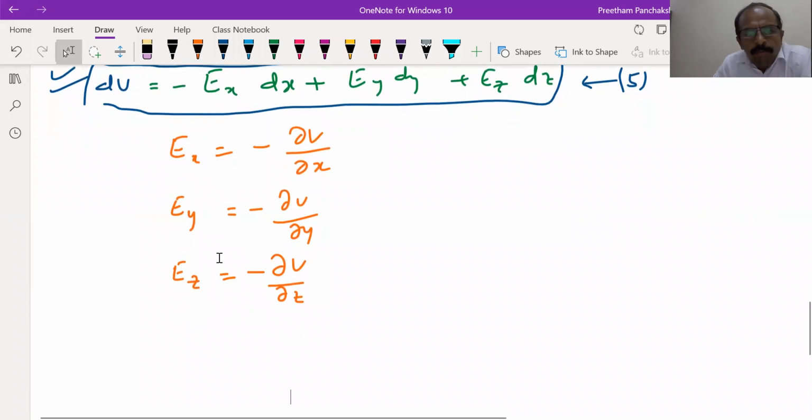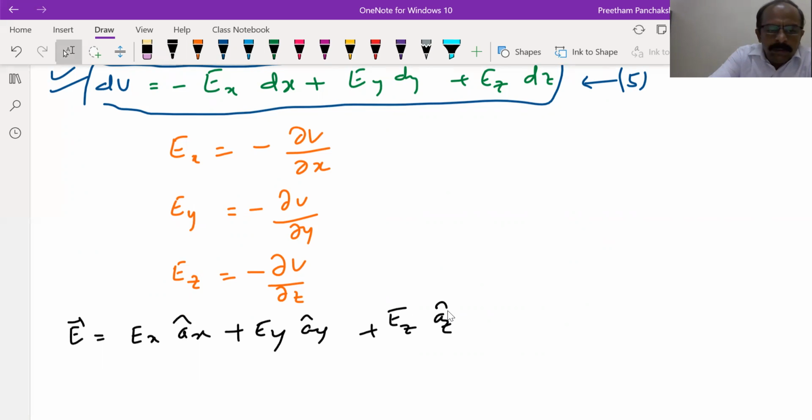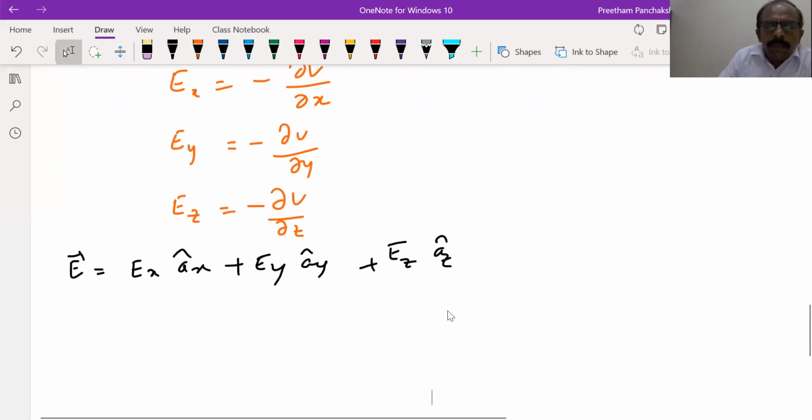See, we have all three components of the field here. So we can combine them to get the vector electric field, that is Ex a cap x plus Ey a cap y plus Ez a cap z. So E is in the Cartesian coordinate system.